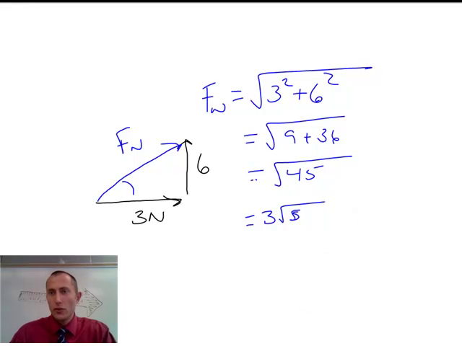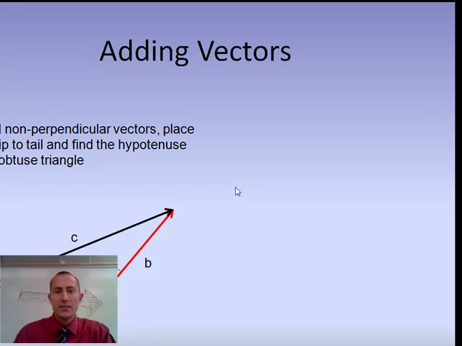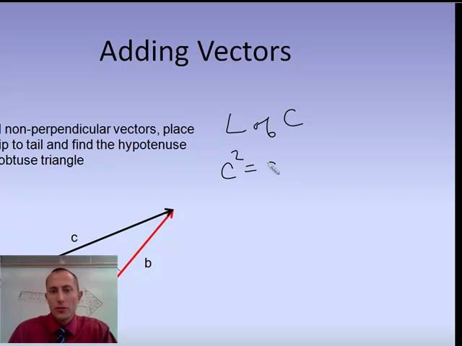If those forces are not acting at a 90-degree angle, though, there's a couple different ways we can do this. The first and probably most straightforward is to use law of cosines. Law of cosines, which says that, hopefully we know this, c squared equals a squared plus b squared minus 2ab cosine theta.